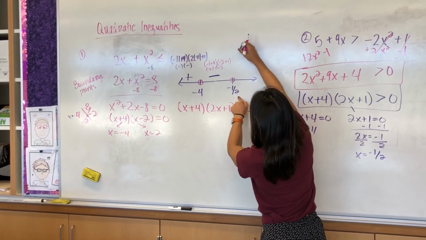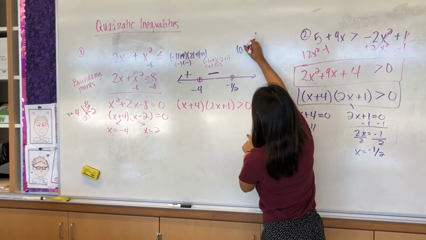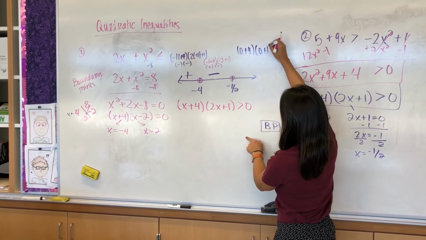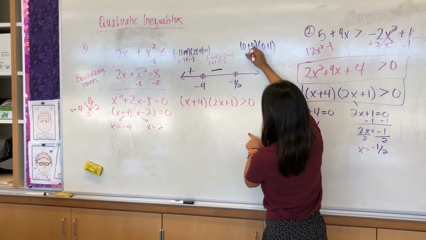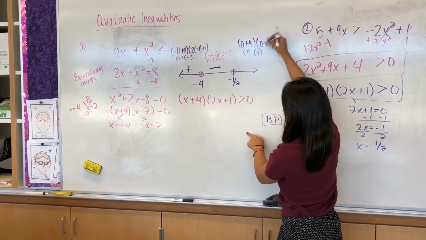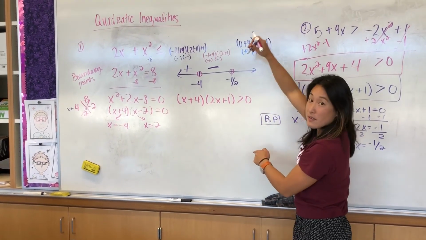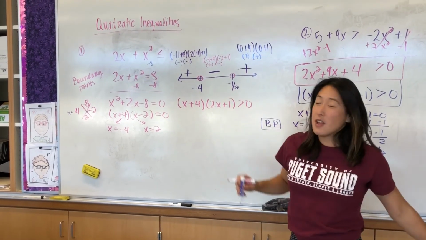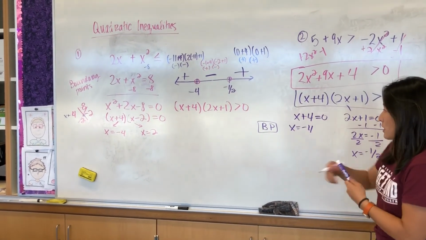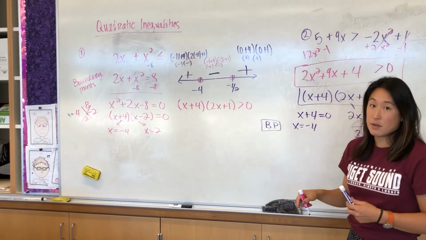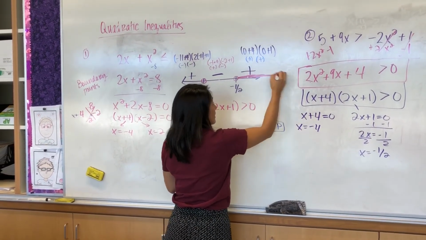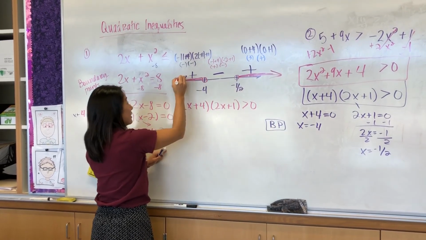Now you can use 0. So 0 plus 4 times 0 plus 1. That's positive, and that one's positive. So positive times a positive output would give me a positive. So where are the outputs greater than 0? I think right here, where the pluses are.